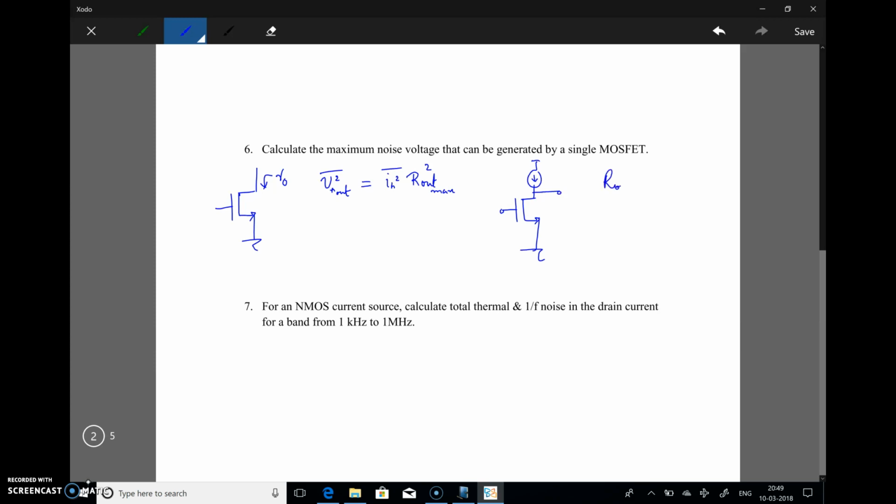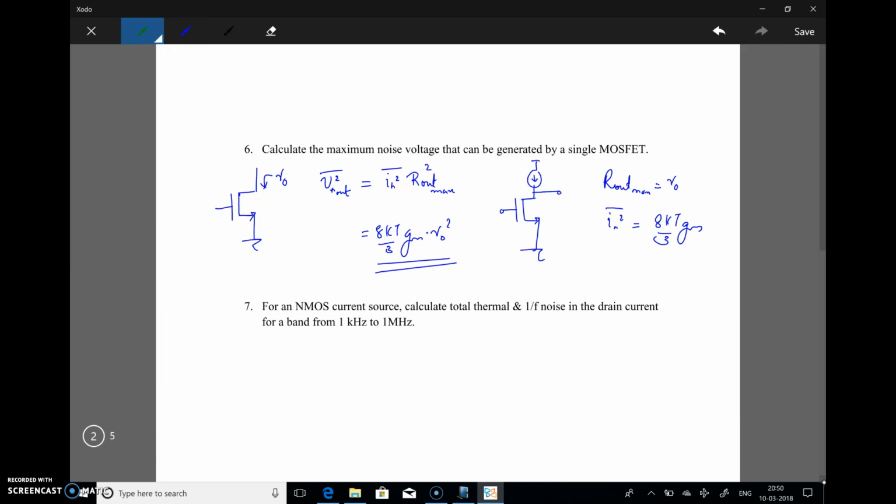So your R out max is R0, and your In square bar, assuming the MOSFET in saturation, is 8kT by 3 into Gm. So the answer is 8kT by 3 into Gm into R0 square. That is your maximum noise voltage generated by a single MOSFET.